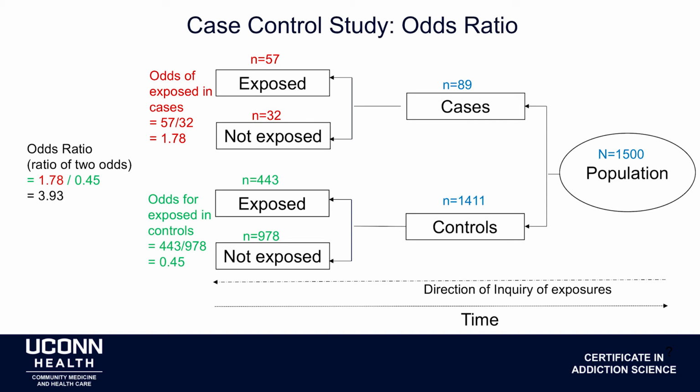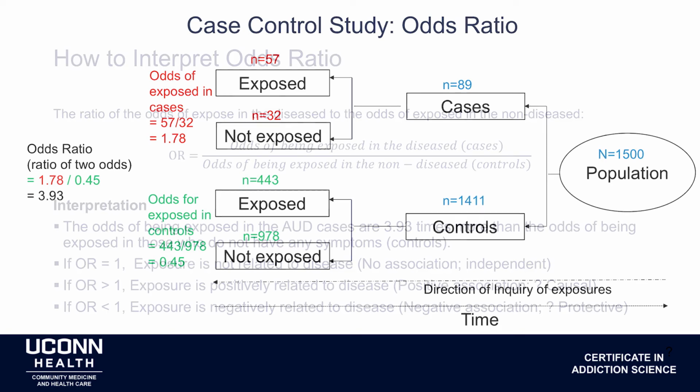So what is odds? The odds of the exposed in the cases is 57 over the unexposed. And what is the odds for the control? It's exposed over the unexposed. So if you can visually decompose the table, you will know how to construct the odds ratio.